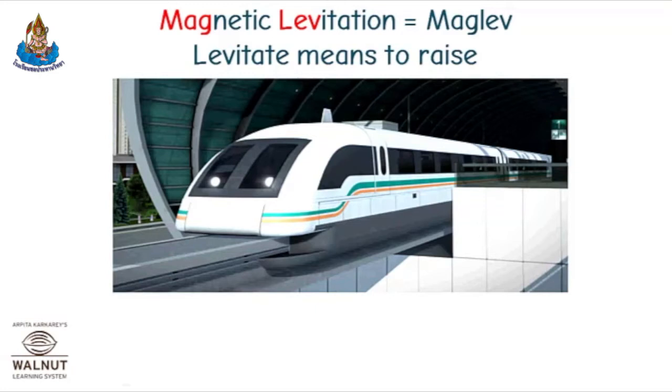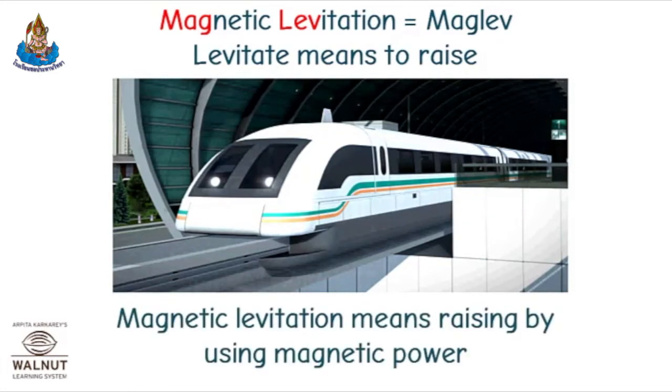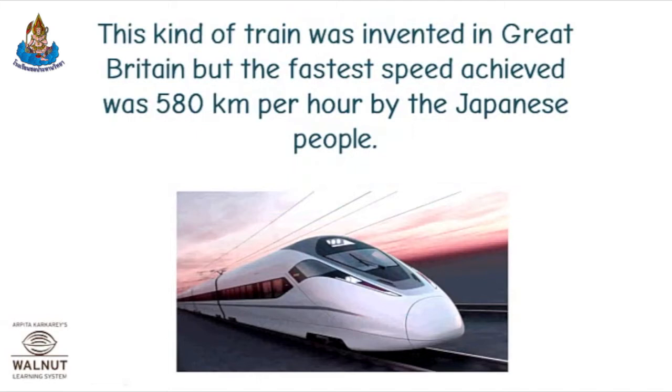Levitate means to raise. Magnetic levitation means raising by using magnetic power. This kind of train was invented in Great Britain, but the fastest speed achieved was 580 kilometers per hour by the Japanese people.